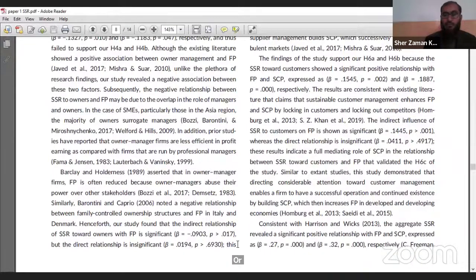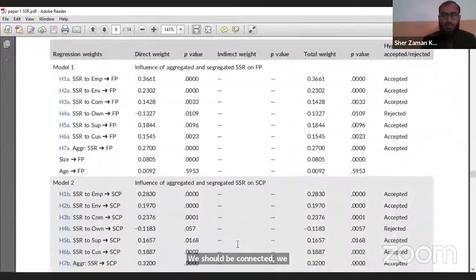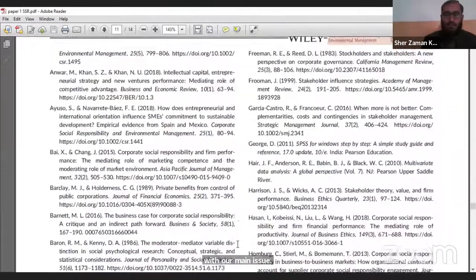At this time, we should not be very free in citing the research papers of previous researchers. We should be concerned with our main issue. Whoever has touched my issue, I will discuss only those.